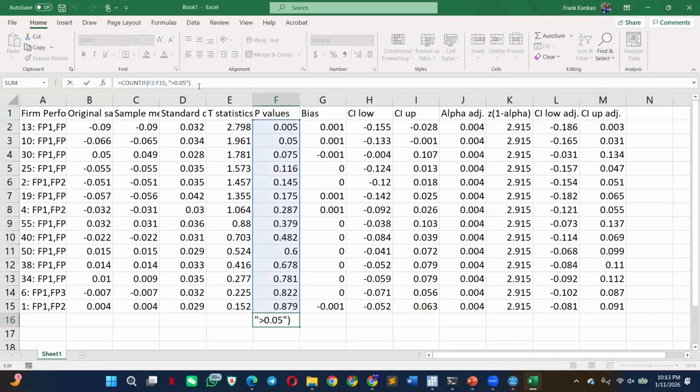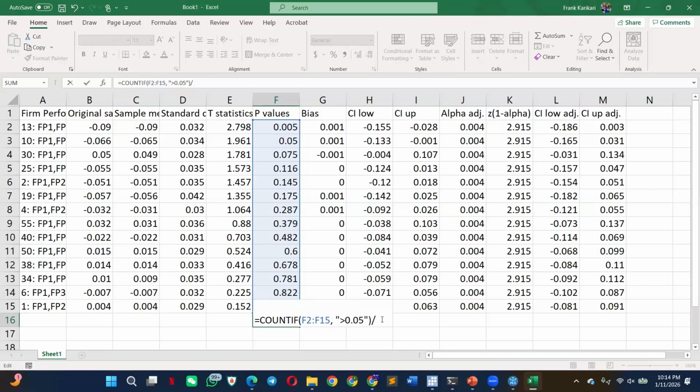I can also do that in percentage, so let's see. I'm continuing the formula. You want to count if the range of values that has been selected is greater than 0.05, that is the threshold, and divide that value by the total number of observations.